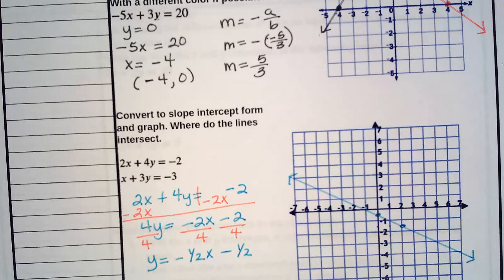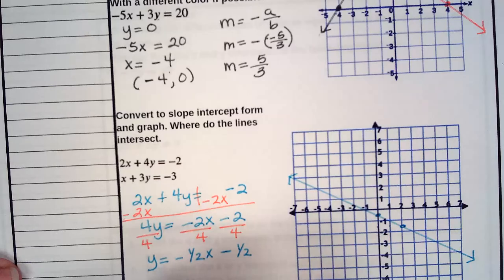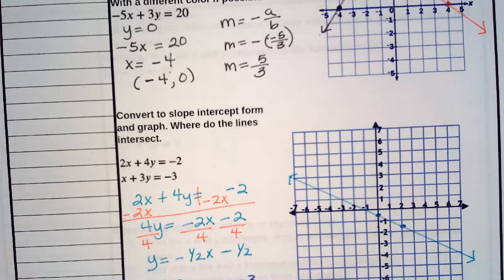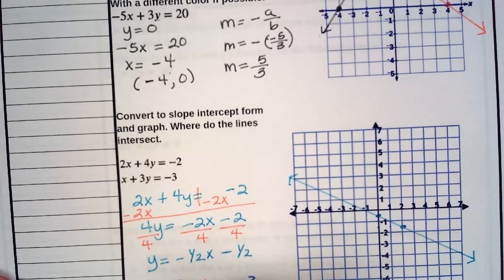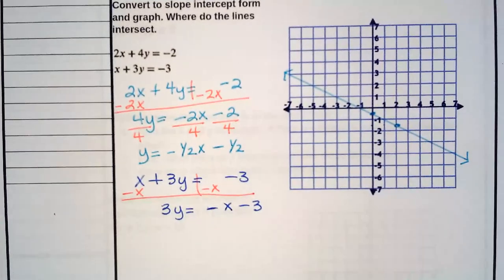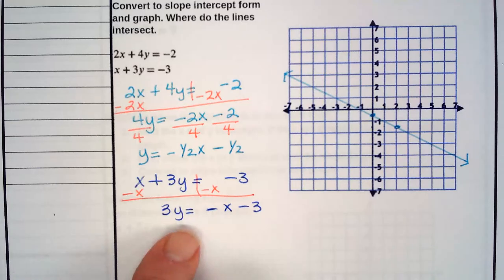Okay, what about the other one? x plus 3y is equal to negative 3. I'm going to start by subtracting x from both sides. 3y is equal to the opposite of x minus 3. y is equal to the opposite of x minus 3.